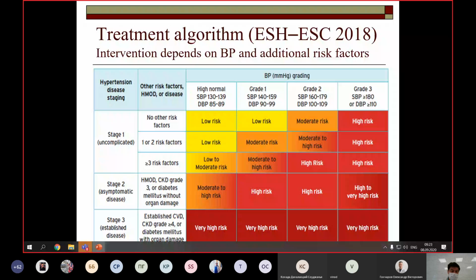So let's try to use this table for our routine clinical practice.